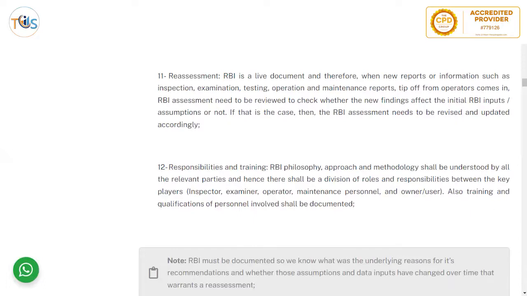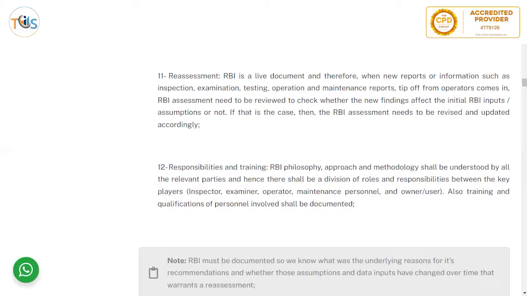Responsibilities and training. RBI philosophy, approach, and methodology shall be understood by all the relevant parties, and there shall be a division of roles and responsibility between the key players, such as inspector, examiner, operator, maintenance personnel, owner, user. Also training and qualification of personnel involved shall be documented.